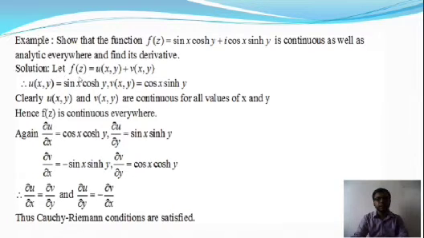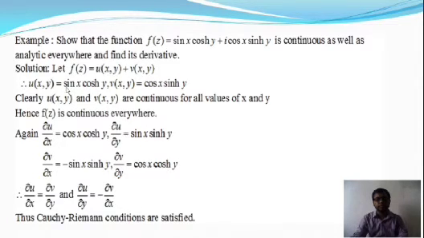Here f of z equals u of x comma y plus i times v of x comma y. Comparing this with the given equation, we get u of x comma y equals sin x cos hyperbolic y, and v of x comma y equals cos x sin hyperbolic y. So u and v are real functions.